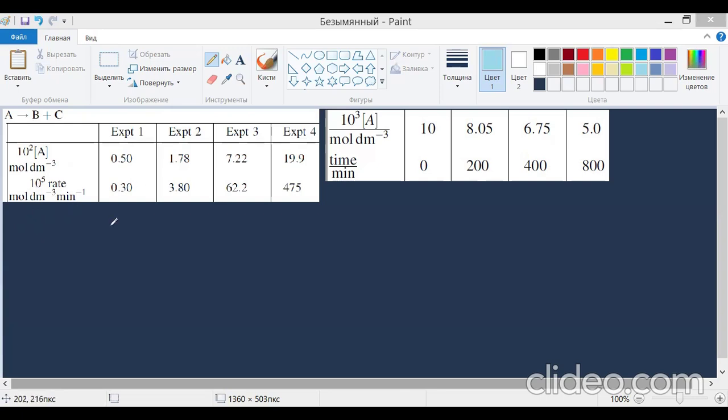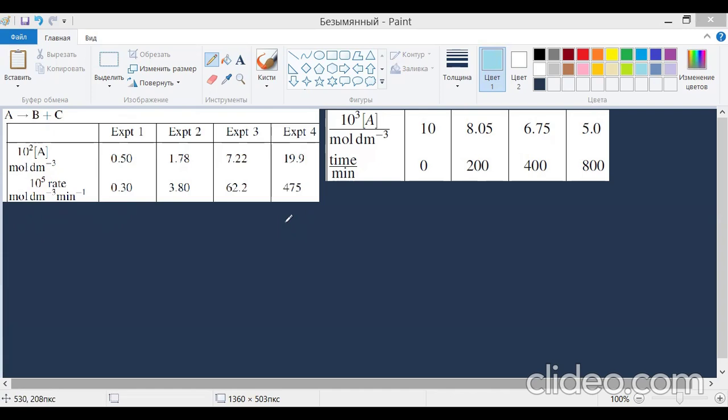Now, also, it's natural that the magnitude of the rate depends on the concentration of the reagent A. And again, we pay attention to the factor. It is 100, which means that in actual calculations, we should divide these values by this factor.